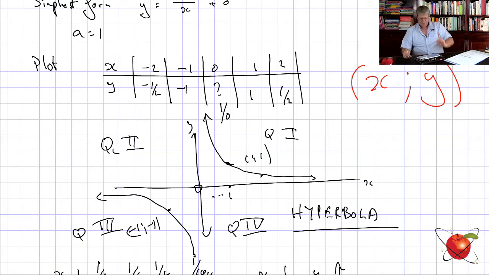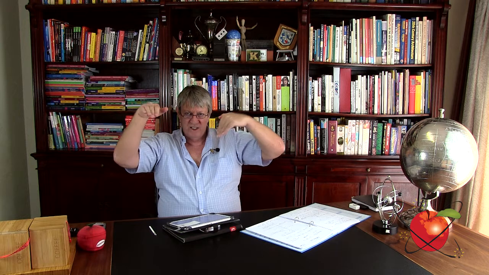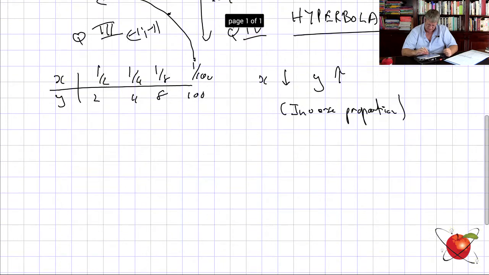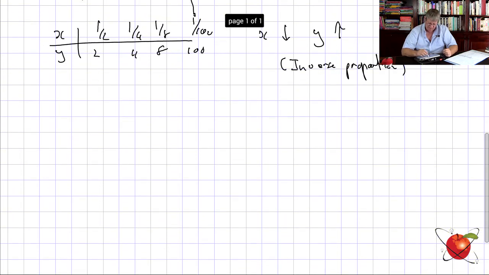The hyperbola is two separate graphs, right? It occurs in quadrants 1 and 3, all right? So, this is quite an odd-shaped fellow, and not something that we've come across too often before, okay?